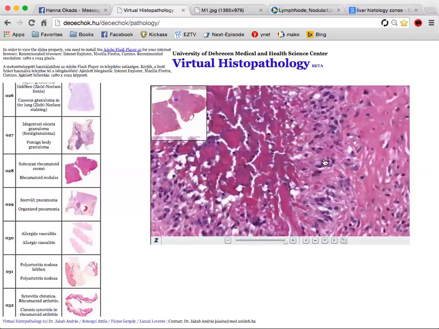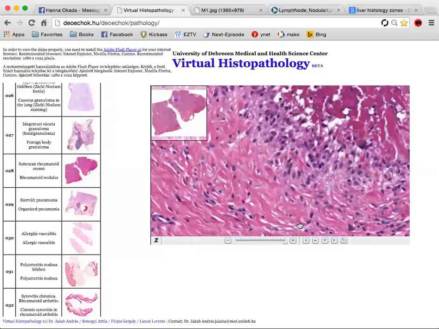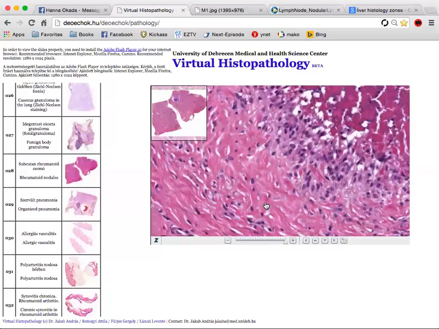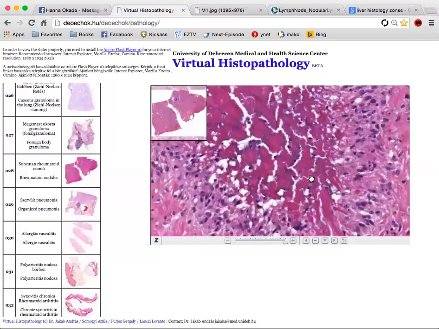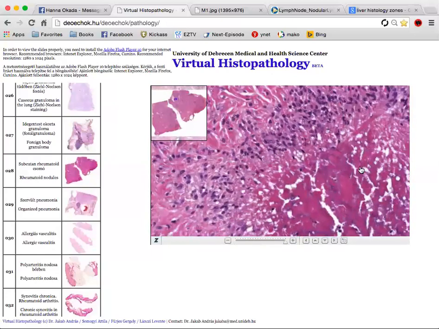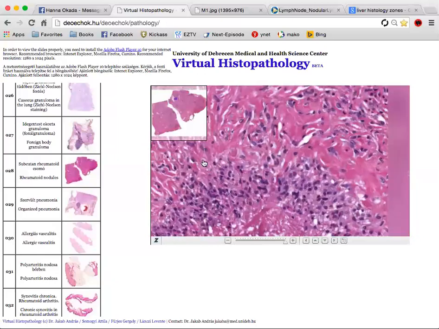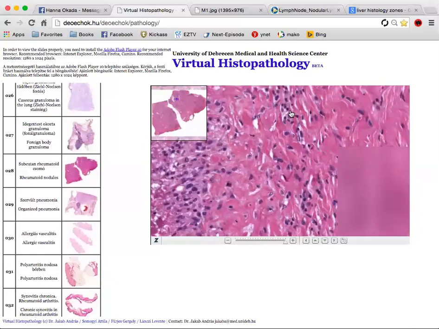You can see a lot of collagen in the surrounding tissue. And there's some collagen here too. And here, there might also be these giant cells.